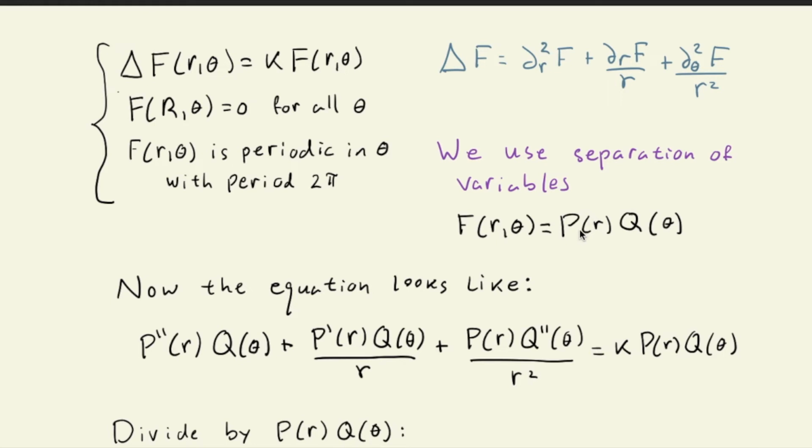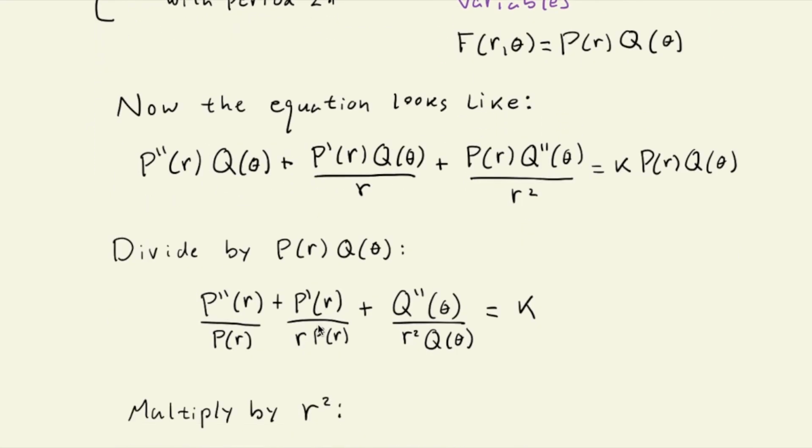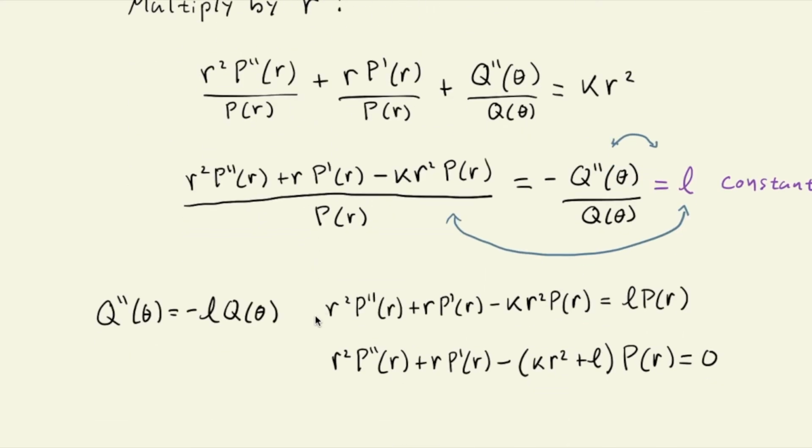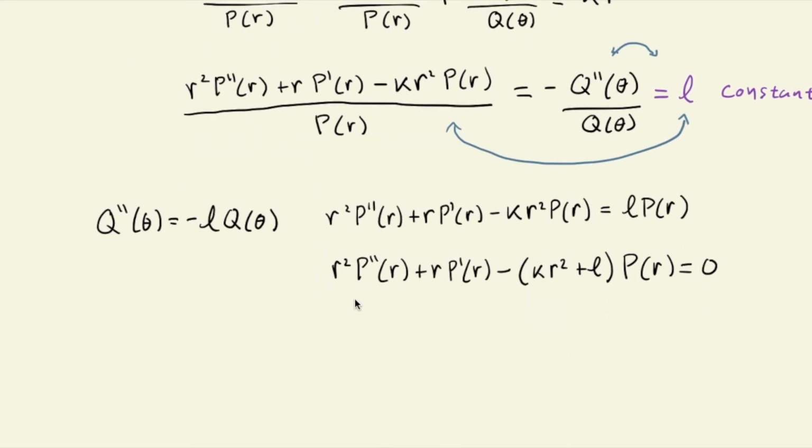It's similar to what we did before. So I'll just do that quickly to say that here the boundary condition for P is that P of R must be equal to 0.